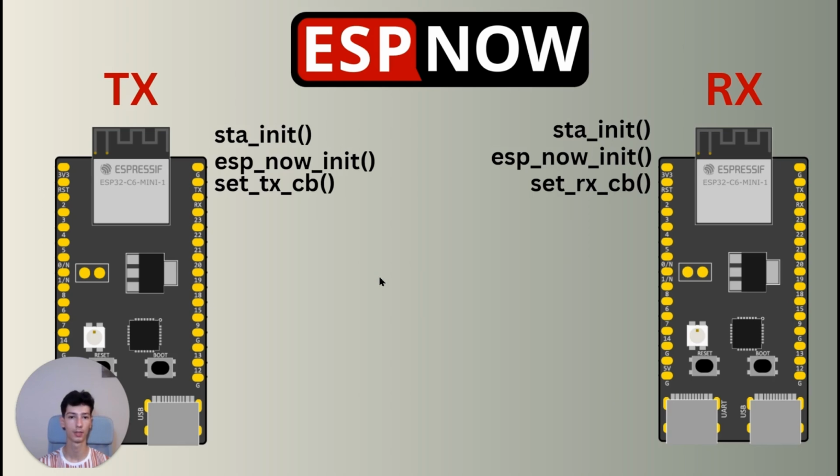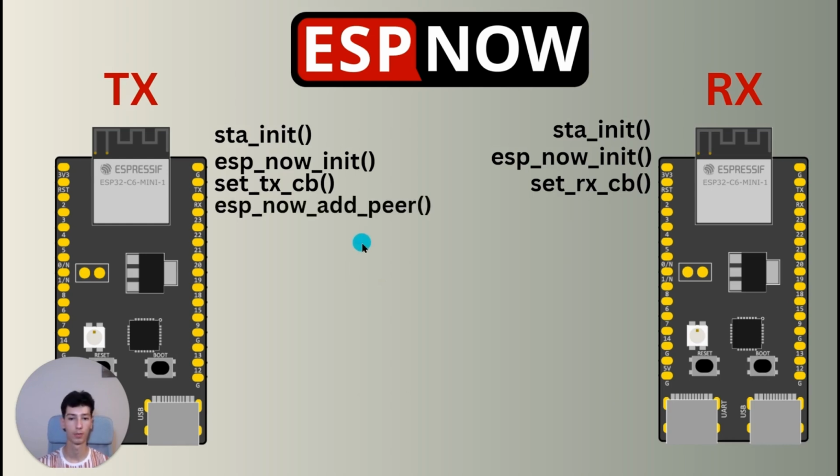At this point, the transmitter ESP32 needs to know that the receiver exists. The only things that the transmitter needs to send the data to the other ESP32 module are its MAC address and the channel that they are communicating on. And so we will use the function that adds a peer. A peer is basically a connected device in the local network.